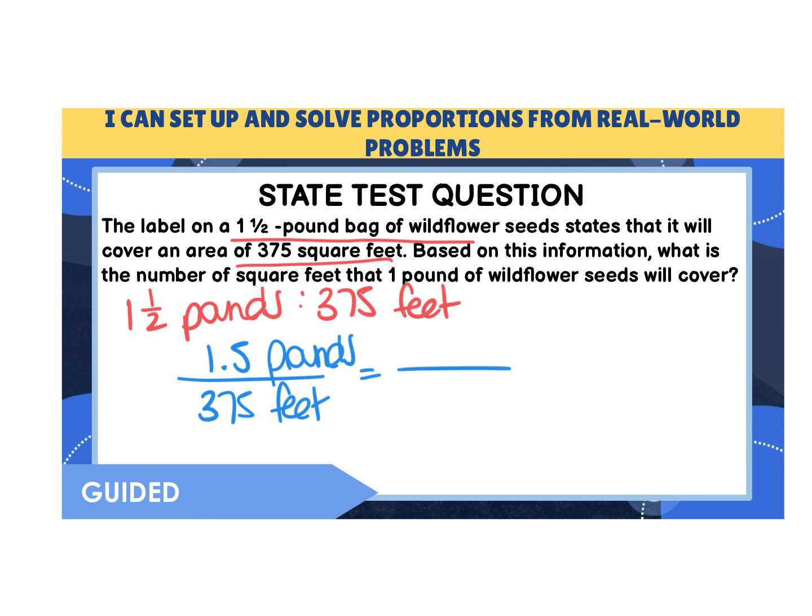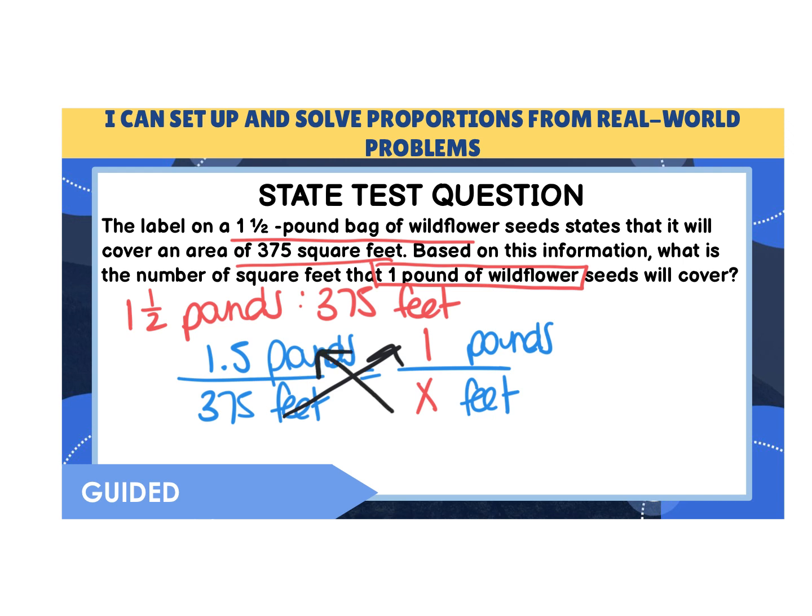Equivalent ratios, proportions. If pounds is on top, pounds has to stay on top. If feet is on bottom, feet has to stay on bottom. And then I'm going to go back into my question. It says, based on this information, what is the number of square feet that 1 pound of wildflower seeds will cover? So I'm going to put the 1 next to pounds, 1 pound. And we don't know how many feet, so that's what we're going to put an X for to solve.